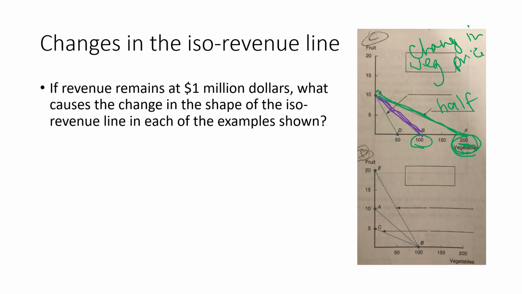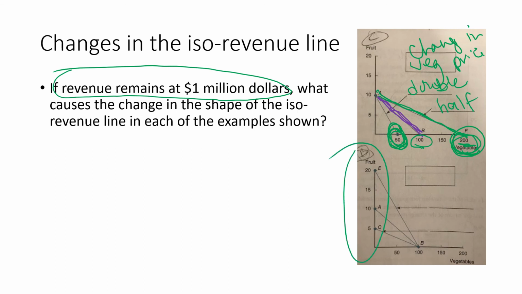It cut in half when it takes more to create the same revenue. And in the other case, the price that we sold it for doubled. Because again, revenue is staying the same, but now it only takes us 50,000 cases to produce 1 million, so the vegetable price that we can sell it for doubled. Okay, and I'll let you figure out what happens to the fruit prices in example D.